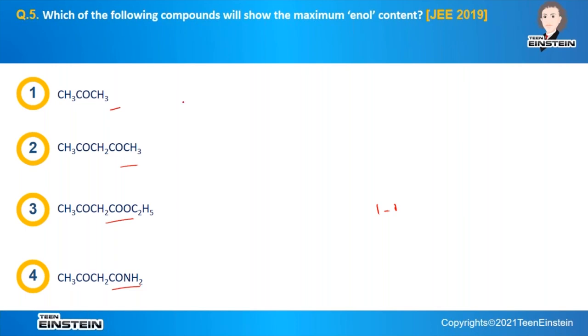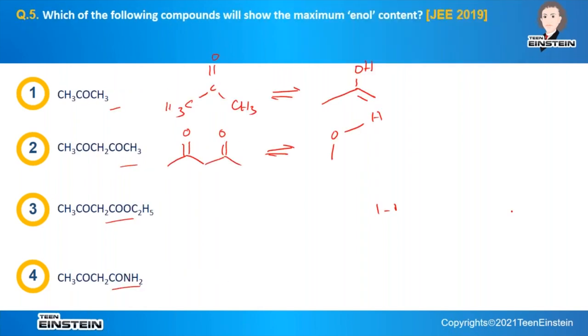So for acetone, CH3, C double bond O, here CH3. The enol form of this is like this. So here no additional stability is there with the enol form. So next come to acetyl acetone. So first we write down the structure, so the enolic form of acetyl acetone is OH, here C, CH3, CH.